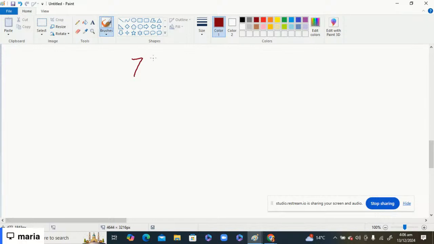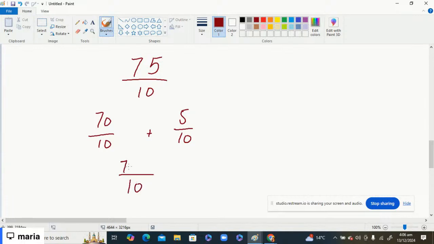For example, here is 75 over 10. As we know, the denominators are the same, 10 and 10, and on the top we are putting 70 and 5. Putting only one 10 here, this becomes 70 plus 5. This is 75 over 10.